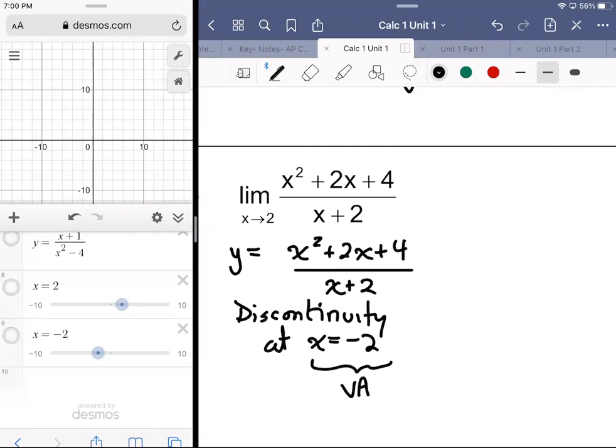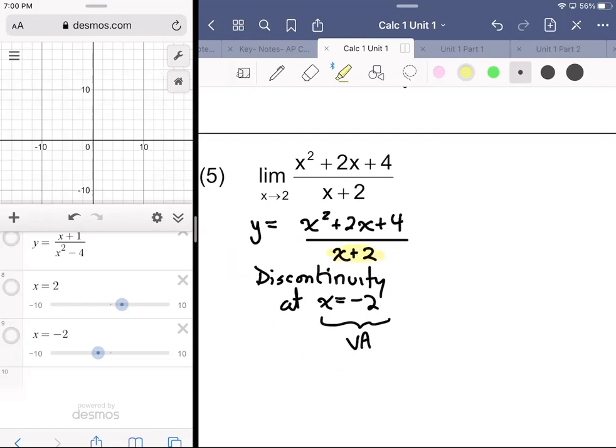And again, just a reminder, you get that by taking your denominator, setting it equal to 0, and solving for the value of x. So in this case, we got a vertical asymptote discontinuity at x equals -2. It's continuous everywhere else.